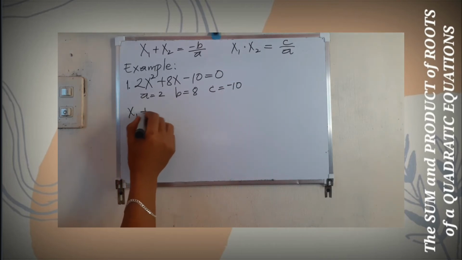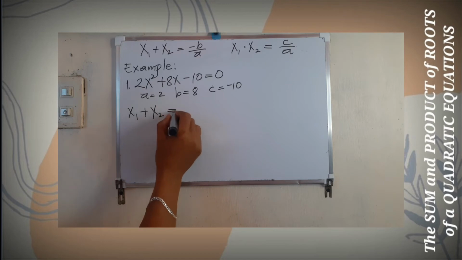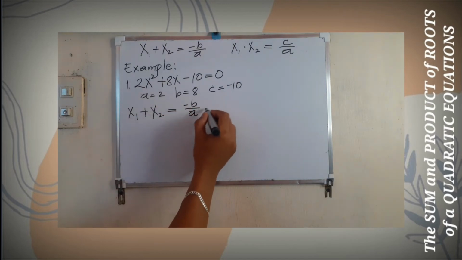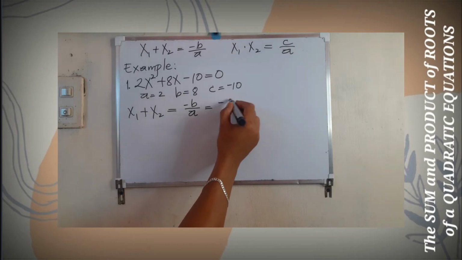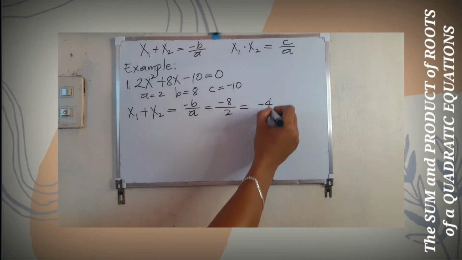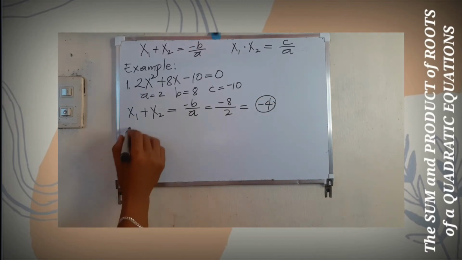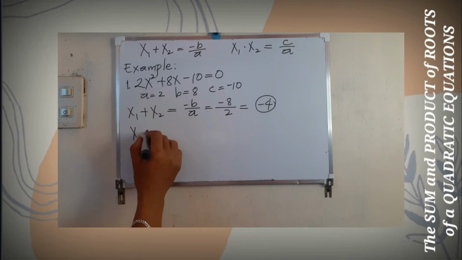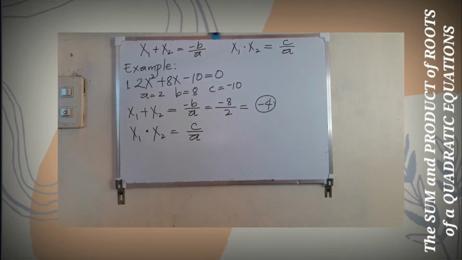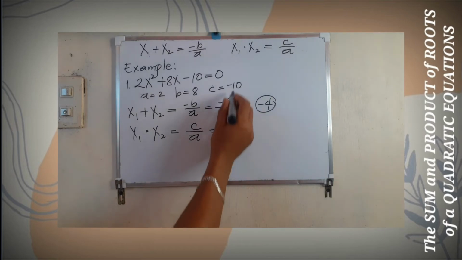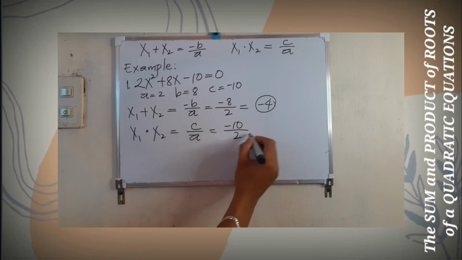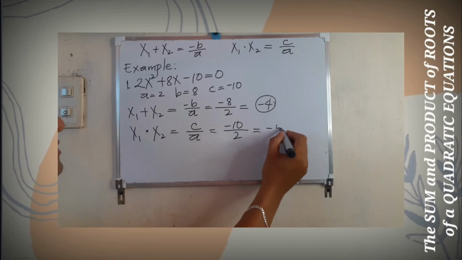So the sum of the roots is negative b over a equals negative 8 over 2 equals negative 4. The product of the roots equals c over a. C is negative 10. Our a is 2. Negative 10 over 2 is negative 5.